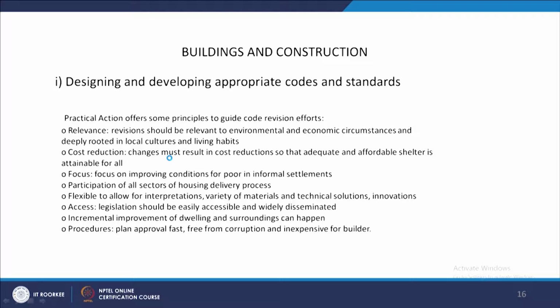Changes must result in cost reduction so that adequate and affordable shelter is attained for all. The focus should also be laid on improving conditions of the poor informal sectors. There should be participation of all sectors of the housing delivery process, flexible to allow for interpretations, variety of materials and technical solutions.